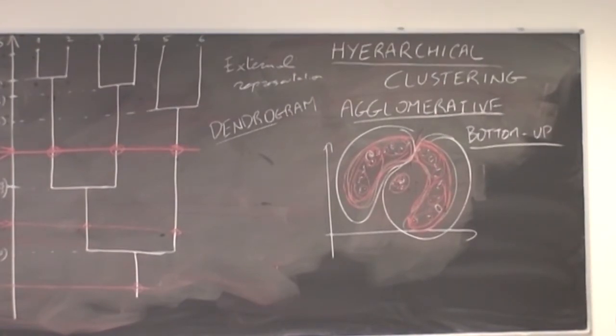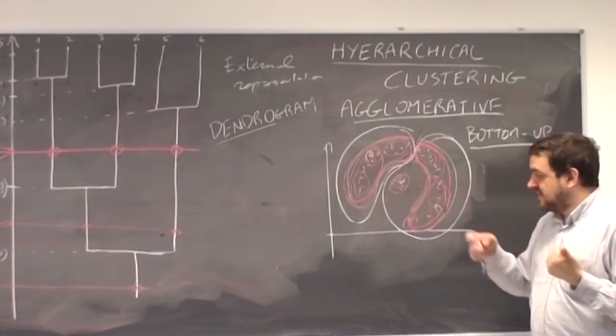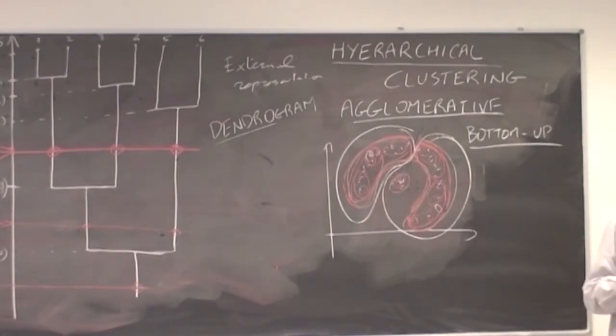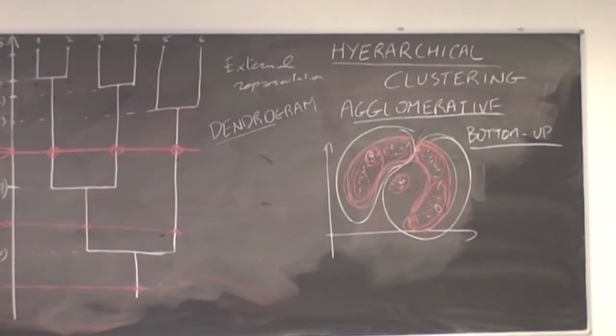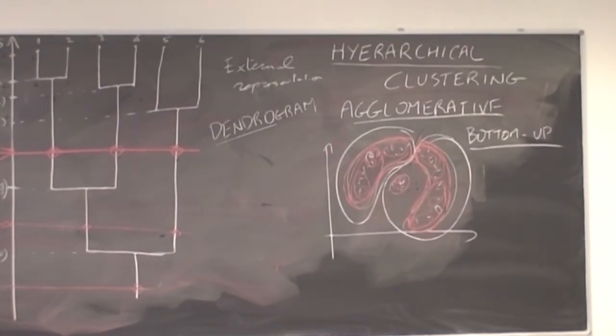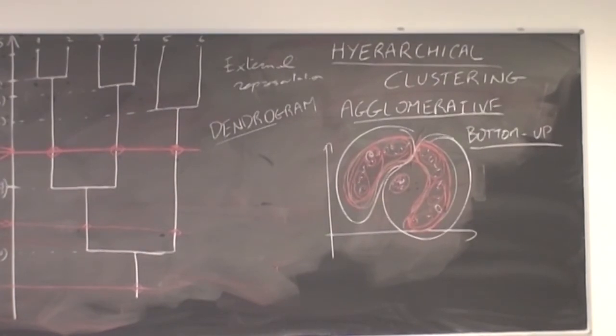We only need similarities or distances between elements. So what we need in order to use this algorithm is a table of similarities, for example. Okay, we are never using any internal representation, any vector representation or so.